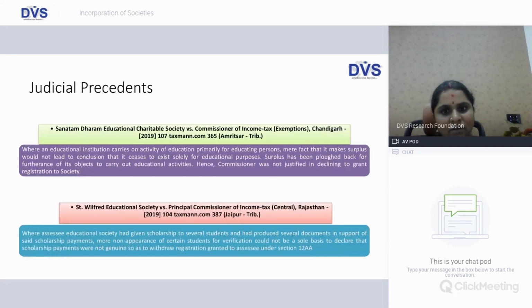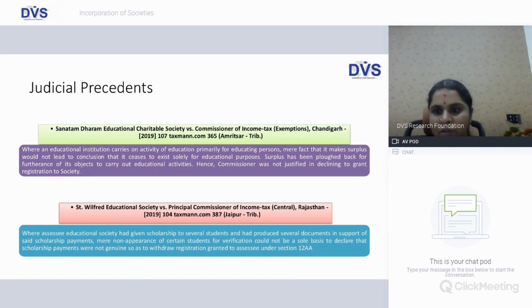Now let's see two interesting case laws before we conclude this session. One is Sanatam Dharam Educational Charitable Society versus CIT Exemptions, Chandigarh. The case is as recent as April 2019 and the other one March 2019.